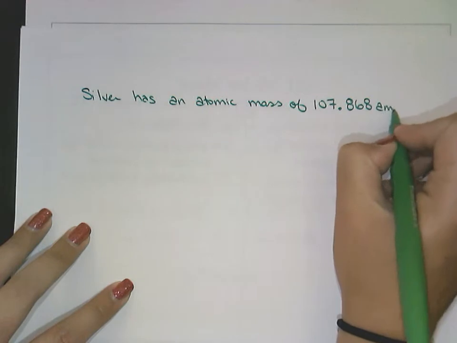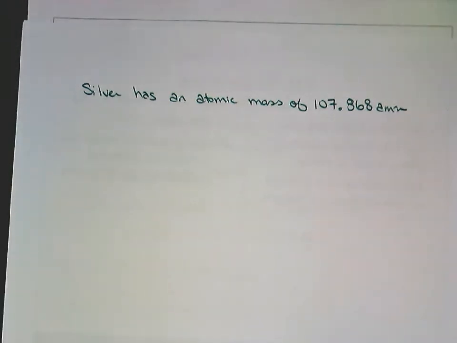All right, so let's say I have silver and I'm on the periodic table and I see silver has an atomic mass of 107.868.